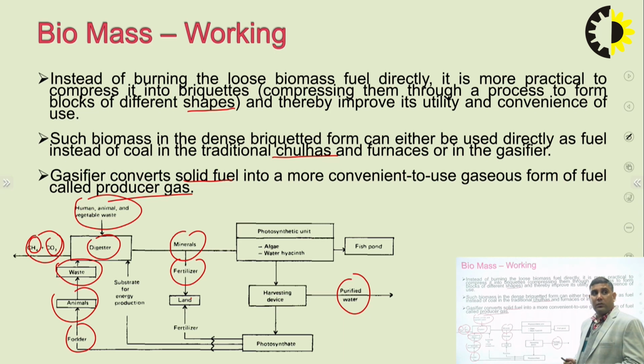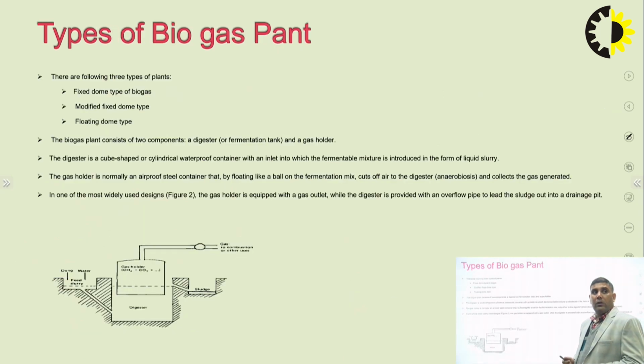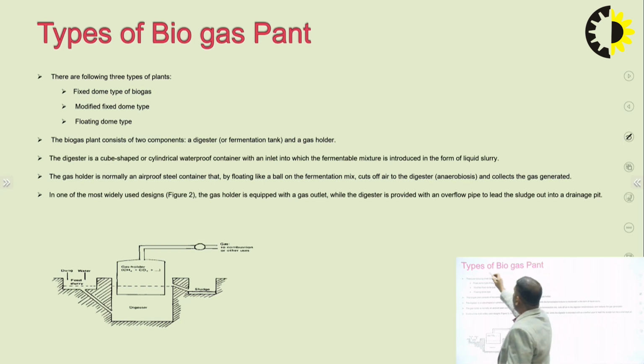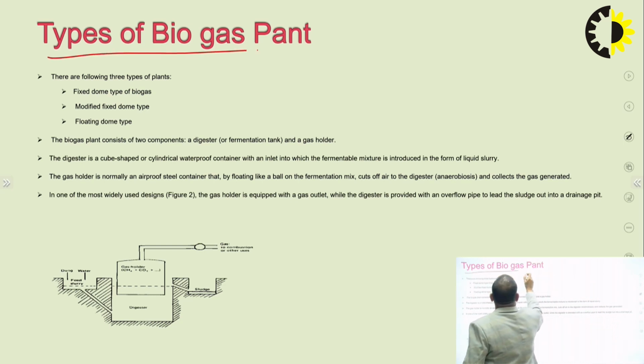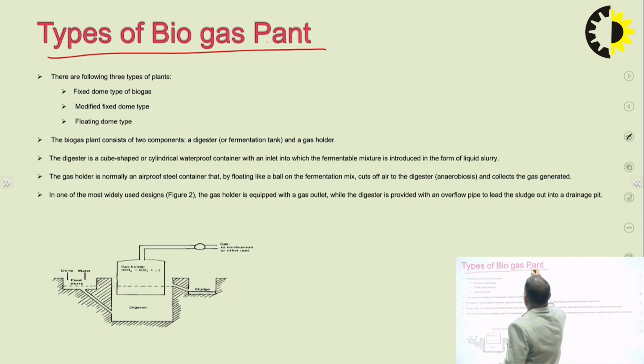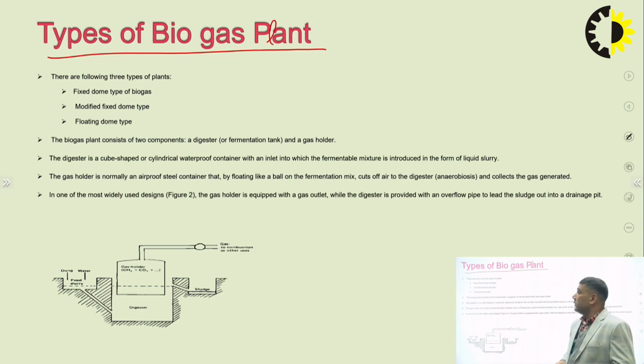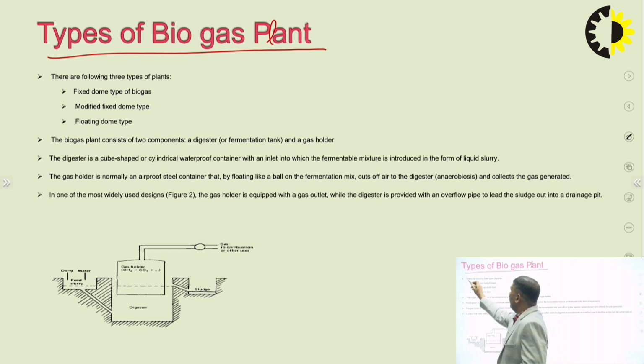So let us discuss more about this. The next point is types of biogas plants. There are mainly three types of plants.